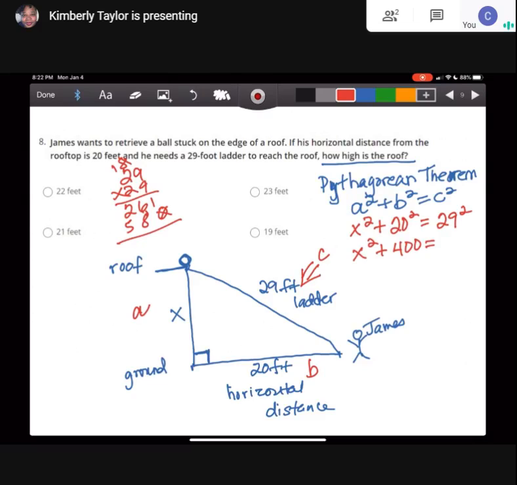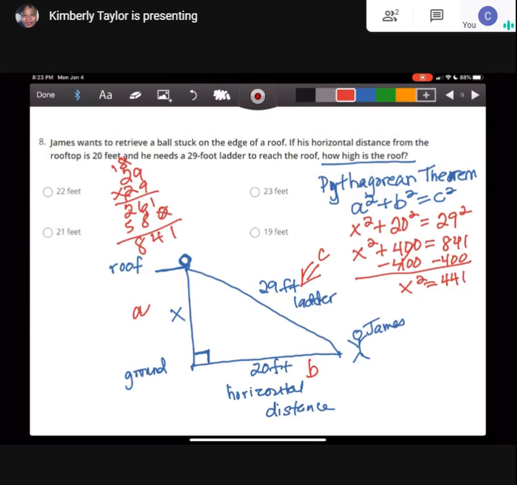So that's 841. Okay, so 841. Then I need to subtract 400 from both sides of my equation. And this is x squared is equal to 441.